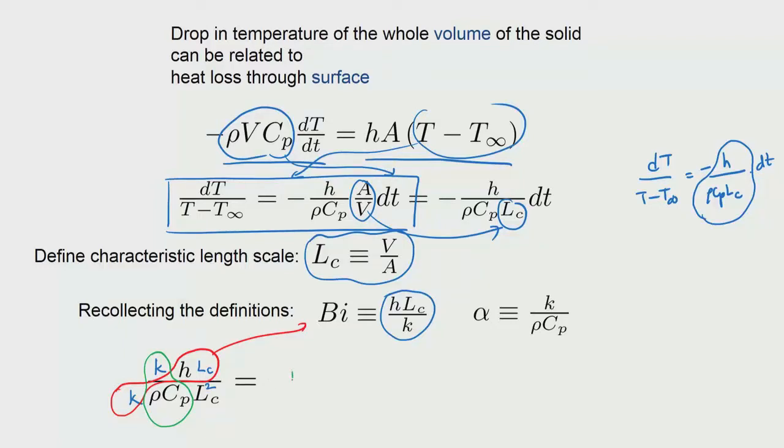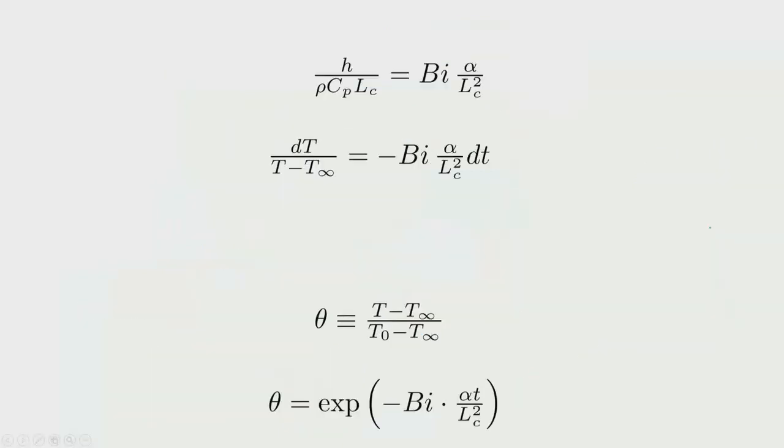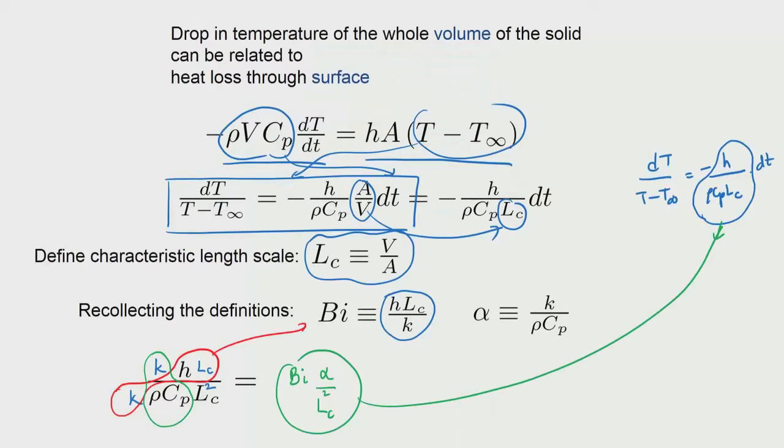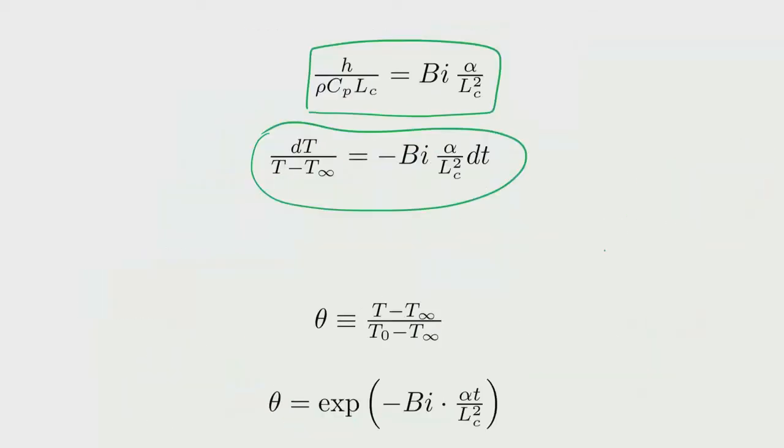So, first is the Biot number, and then you have got alpha there, and then by Lc square. So, this expression can then be replaced with this expression. So, we have done that here. So, we have then Biot number into alpha by Lc square being used for h by rho Cp into Lc, and then we look at the governing equation here, this itself is written here.